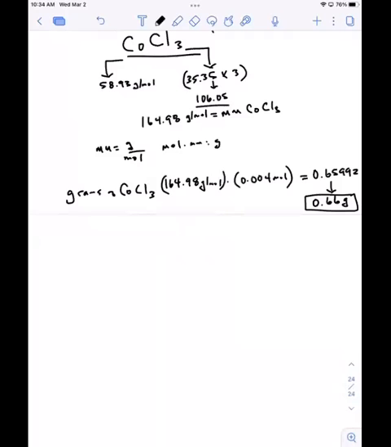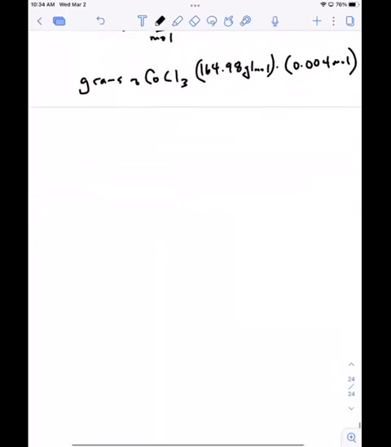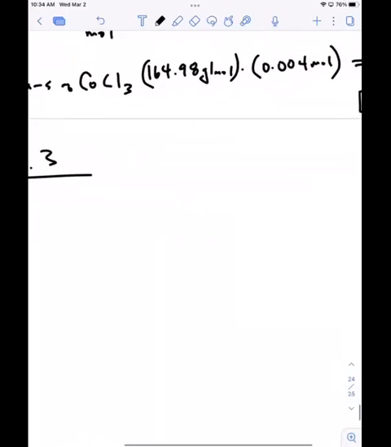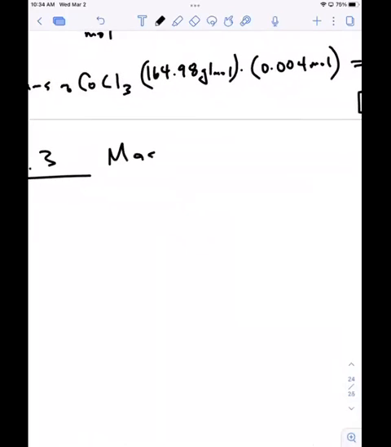Let's figure out the molarity from the mass, because we can do that. We can take the mass and turn it into moles.